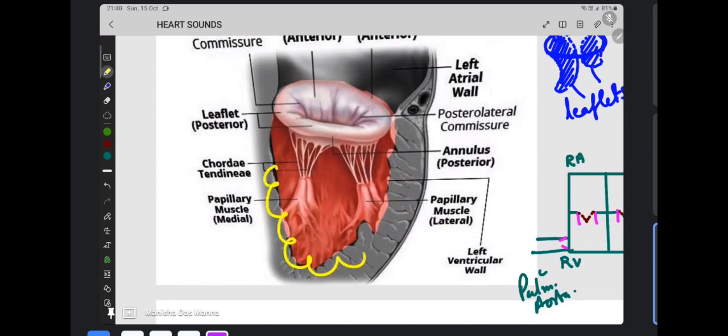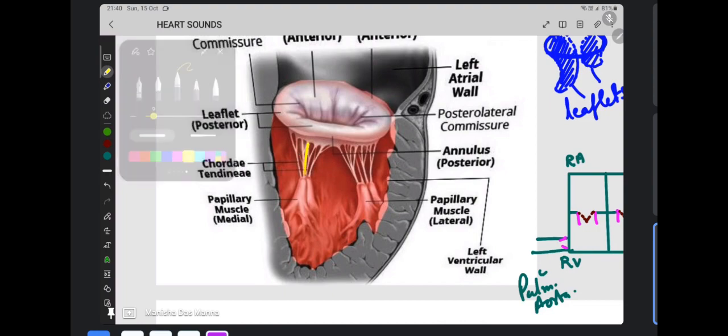And when ventricular systole starts, the chordae tendineae become taut, straightened and taut. High tension is there. And when the chordae tendineae become taut, they prevent one thing. They prevent the bulging of the mitral valve.